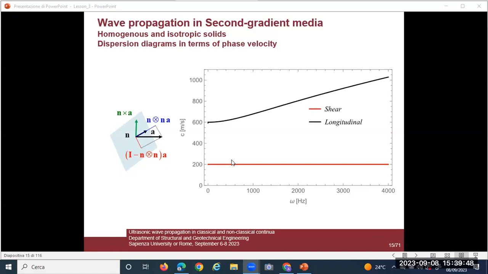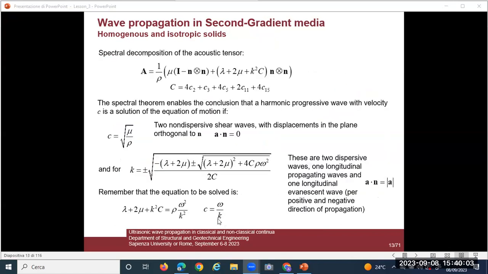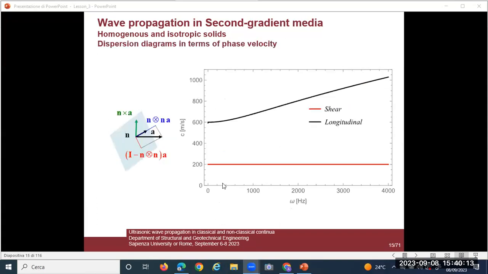Phase velocity changes as a function of frequency. So longitudinal waves in second gradient continua are dispersive. This is their expression, and the velocity can be obtained just by calculating the ratio between omega and k. K is this one.